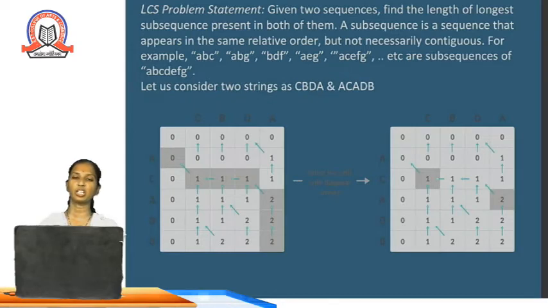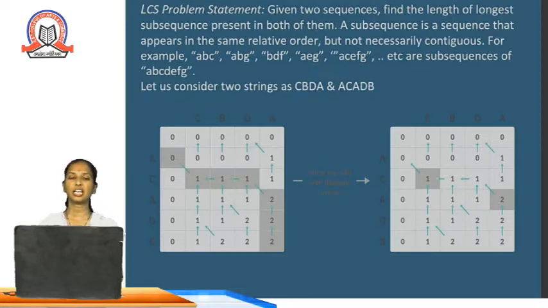That is important. Same relative order but not necessarily continuous. For example, ABC, ABG, BDF, AEG, ACEFG are all subsequences of ABCDEFG. Okay, here we have only considered a single string.